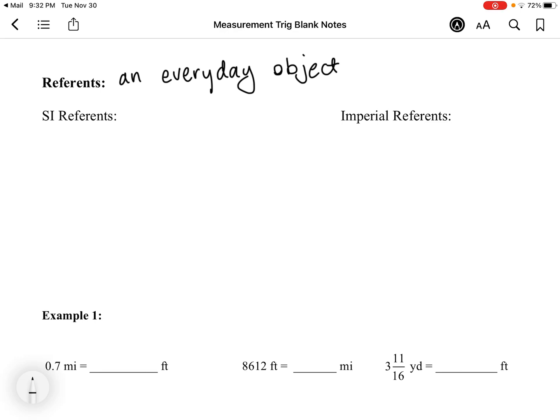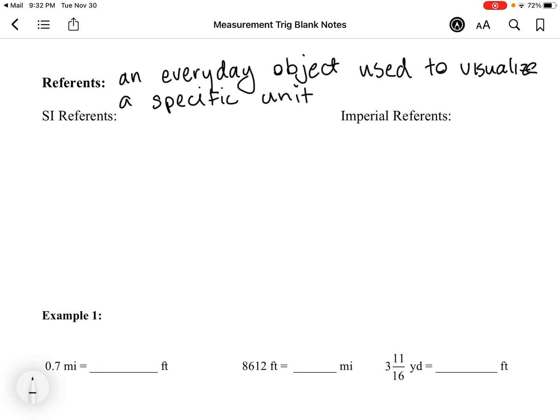That is used to imagine or visualize a specific unit. Okay, so any unit that you can think of, you can come up with a referent for that unit.